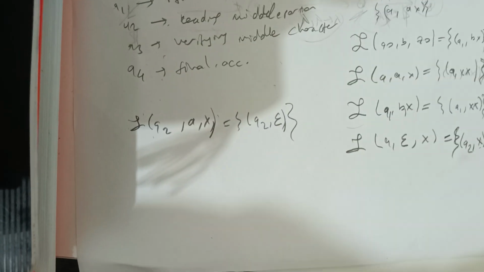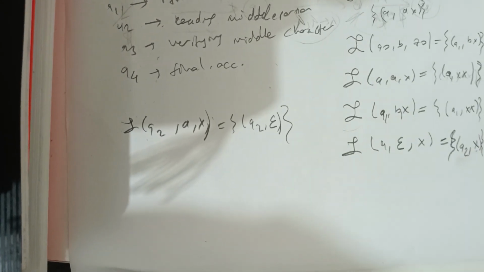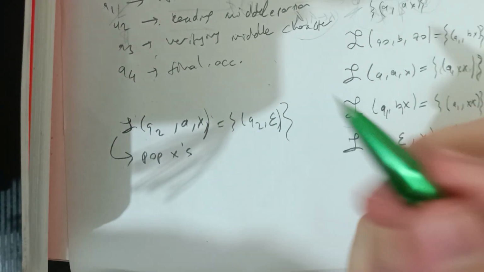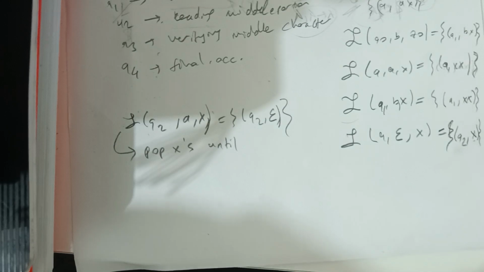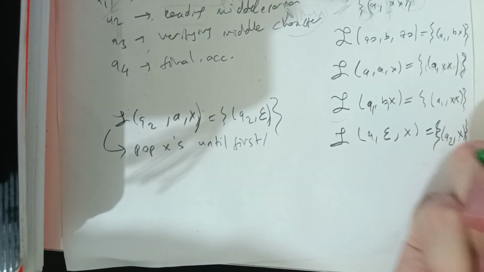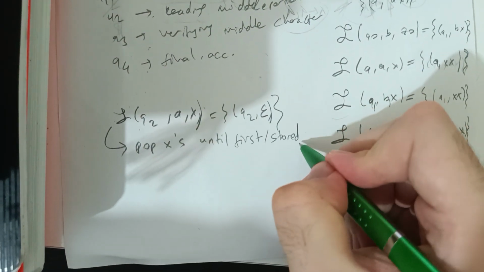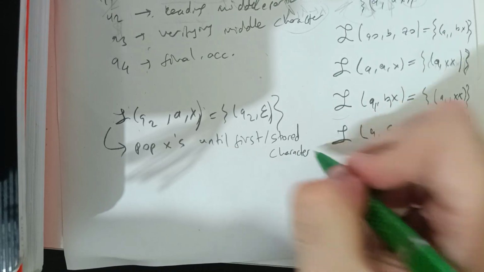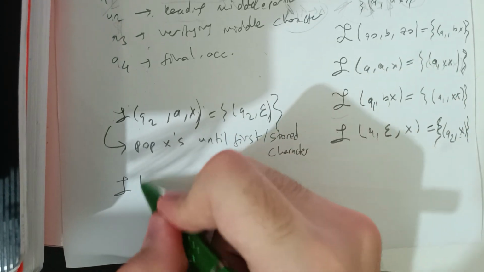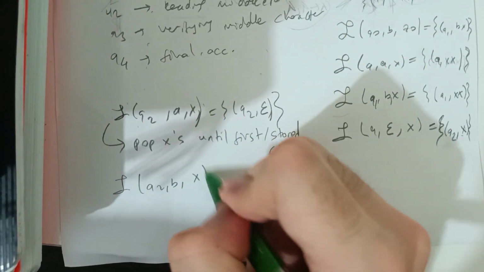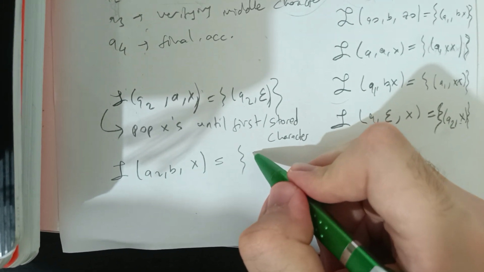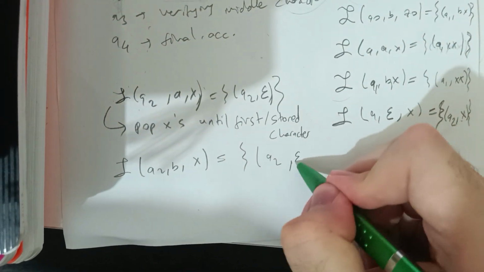It means pop X until the first stored character. Q2, B, X, same purpose, Q2, epsilon.